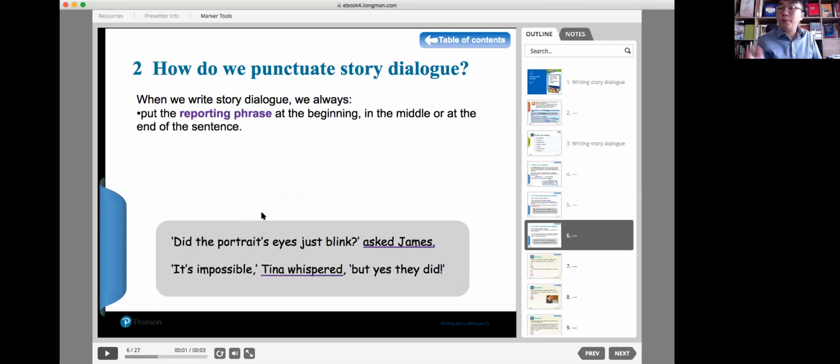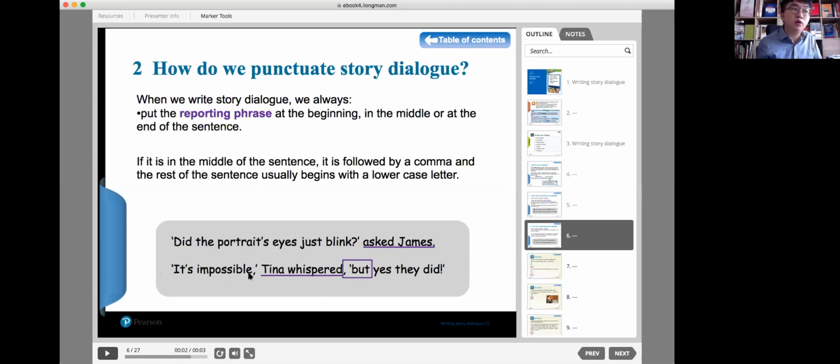Then what about the reporting phrase? Where do we put it in our dialogue? Look here. We can put the reporting phrase, underlined in purple, at the beginning, in the middle, just like here, Tina whispered, and also at the end of the sentence, like here, asked James.